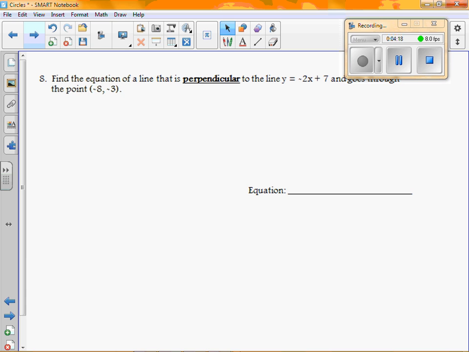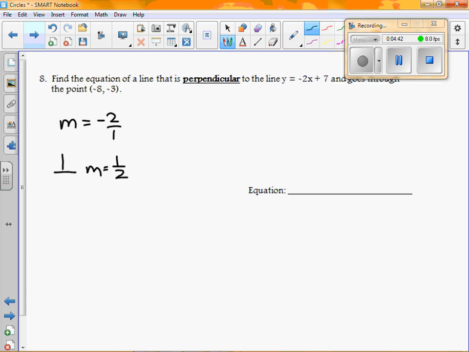I wanted you to do these right here. Okay, find the equation of the line perpendicular to y equals negative 2x plus 7, so m equals negative 2. So if the slope is negative 2, the perpendicular slope is positive 1/2. And it's positive because that's the opposite. It's 1/2 because it's reciprocal.